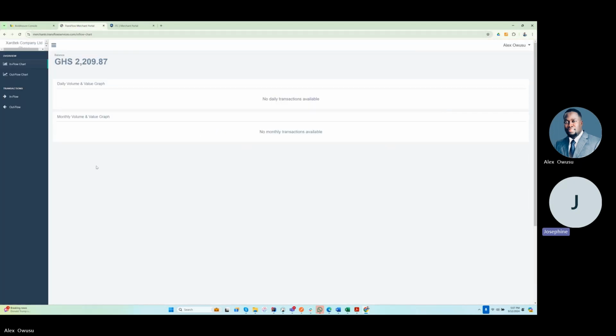So from this 2209.87, our 1.5 is equal to 33.148 cedis. Is there a balance that shows something like that? Not really, but that's good. So you know that the remaining is what goes to merchants.